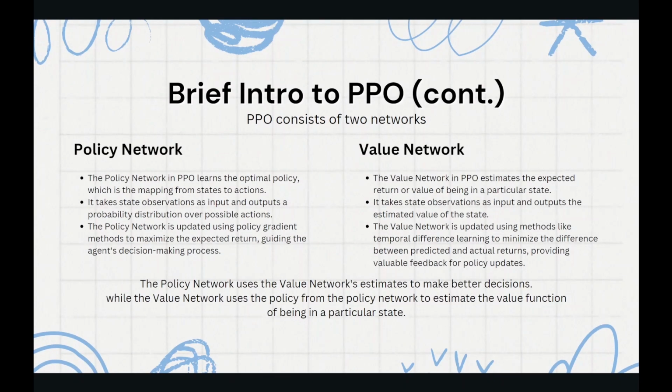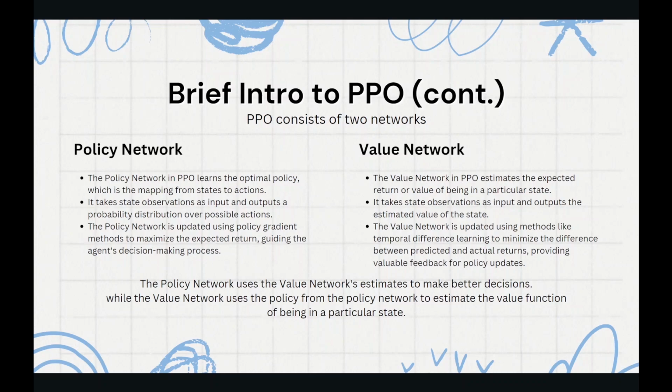As we discussed earlier, PPO formulates a parameterized policy. So in our case, we have done this using a policy network and a value network. The policy network in PPO takes the state observations as inputs and learns the optimal policy, which is the mapping from the states to the actions.